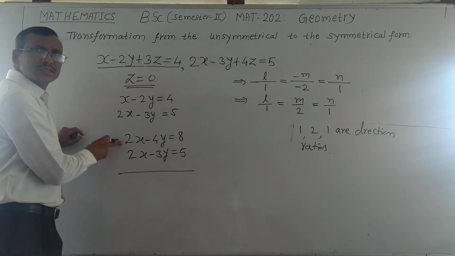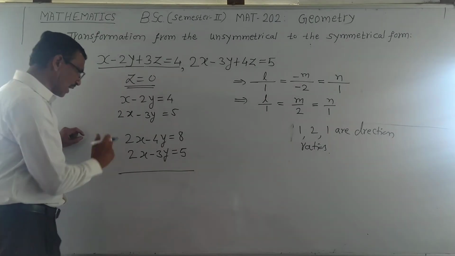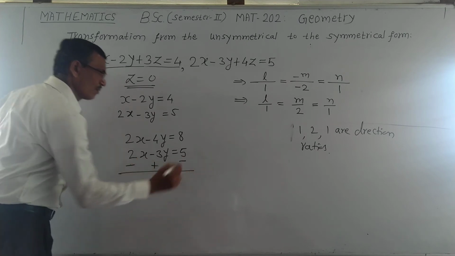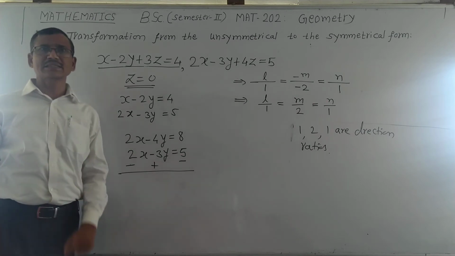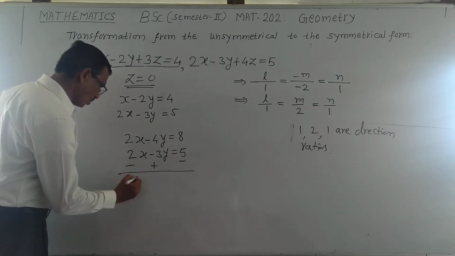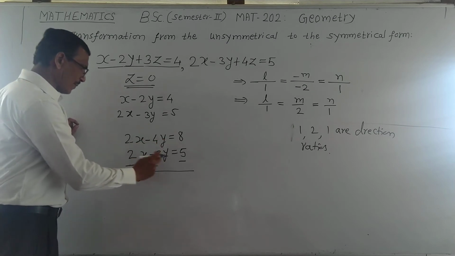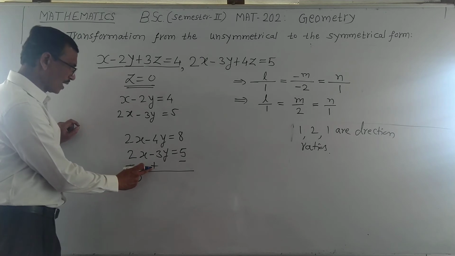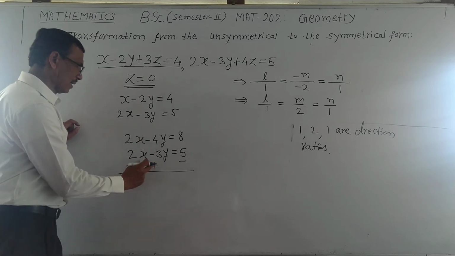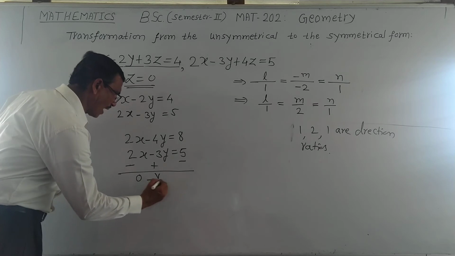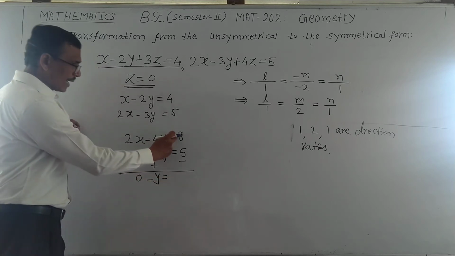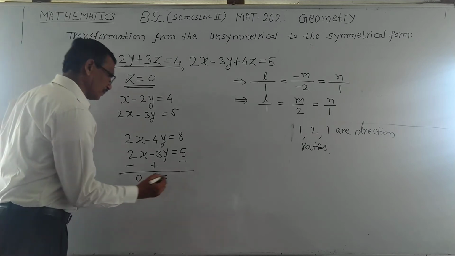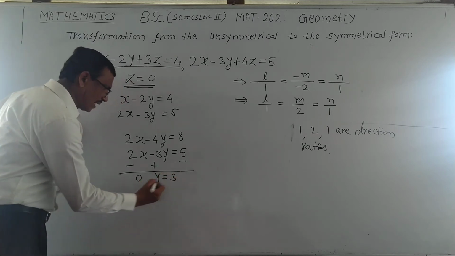Now, these two terms, 2x, have the same sign, so we have to subtract the second equation. As you are subtracting, change the signs, and then this will become 0, minus 4y plus 3y, it is minus y equals 8 minus 5. 8 minus 5 is 3, means minus y is equal to 3.